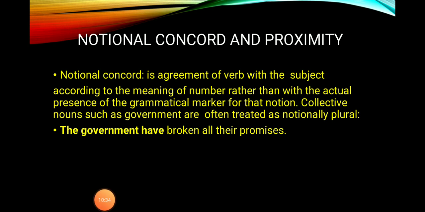So the notional concord is related to a group of nouns which are called the collective nouns. The collective nouns are nouns which are grammatically singular, however, on the level of meaning, on the conceptual level, they are plural.